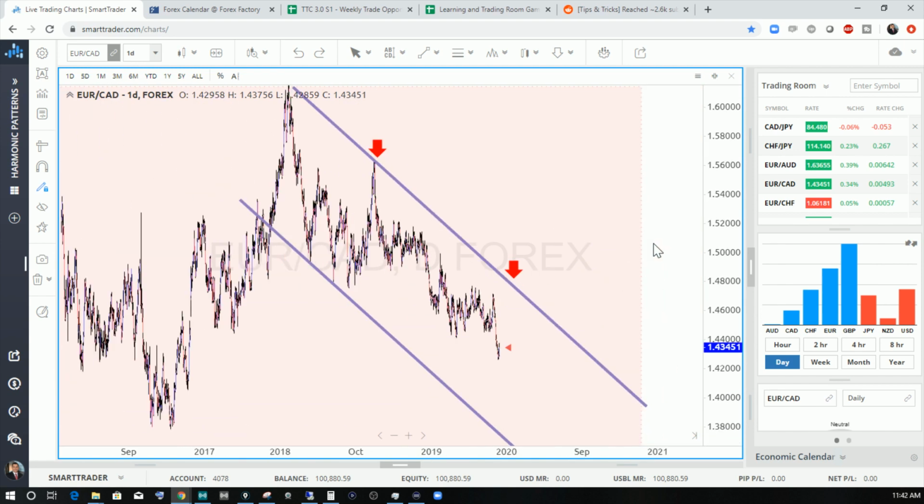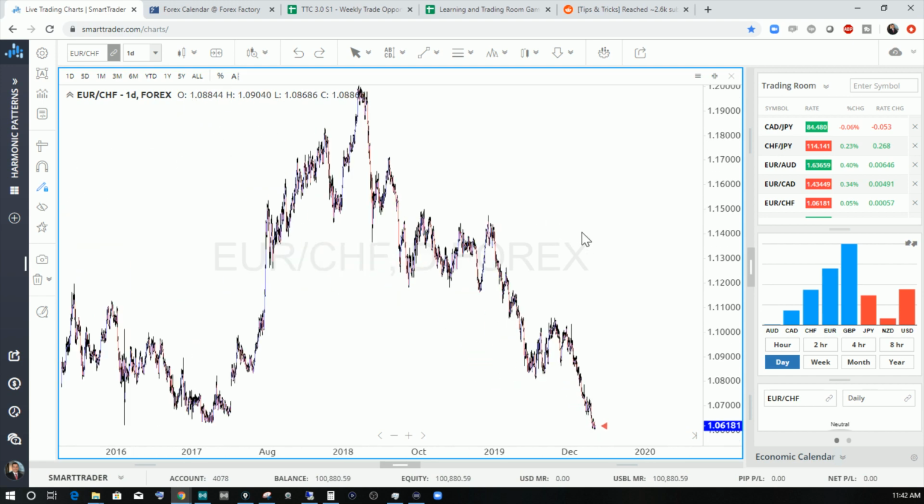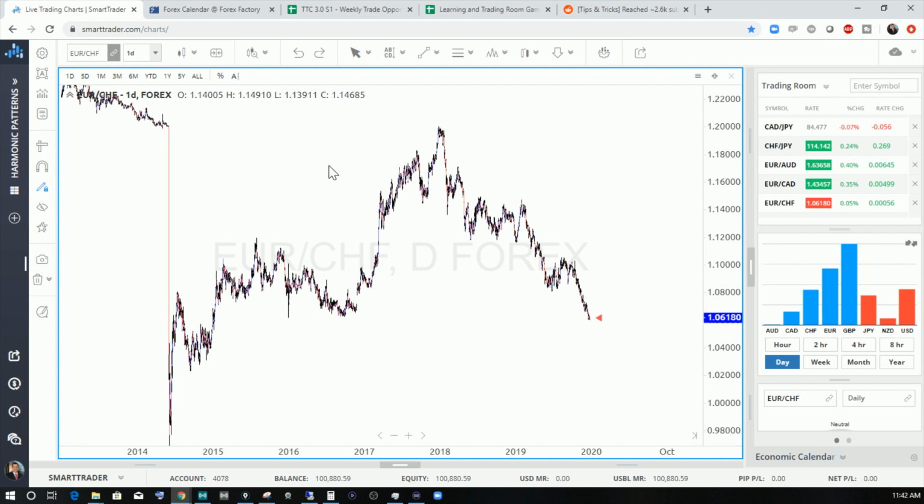All right, so let's go ahead and continue and go to the Euro Swiss. And on Euro Swiss, I'm going to put some downward trend lines right here. All right, there it is.